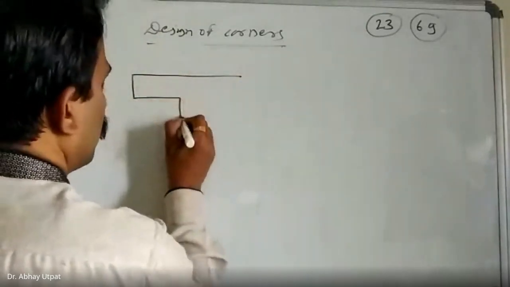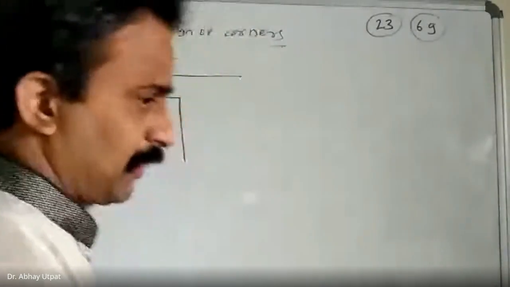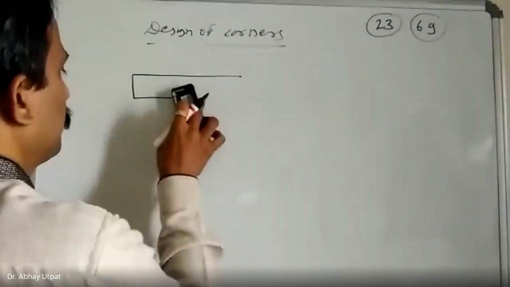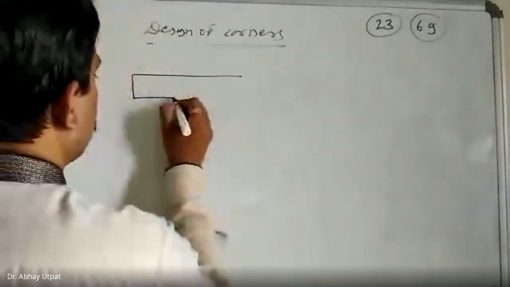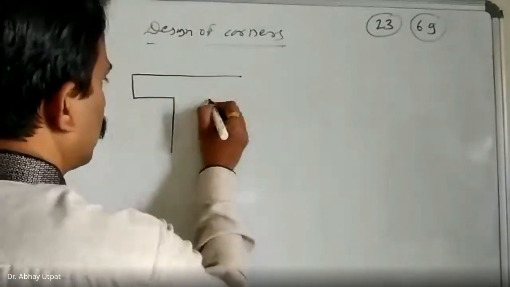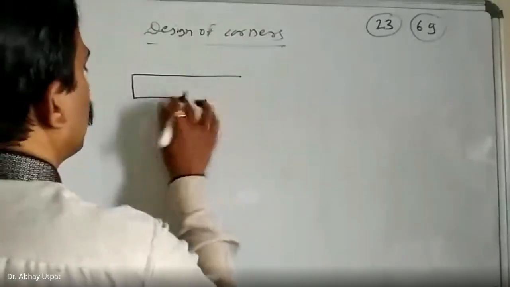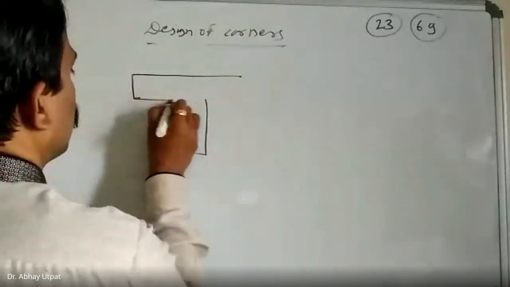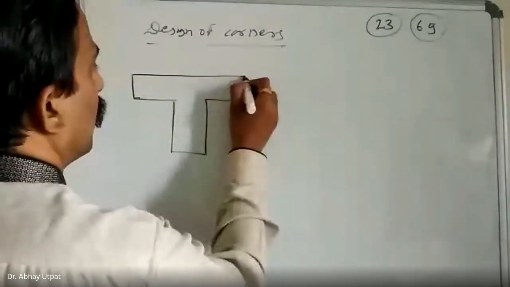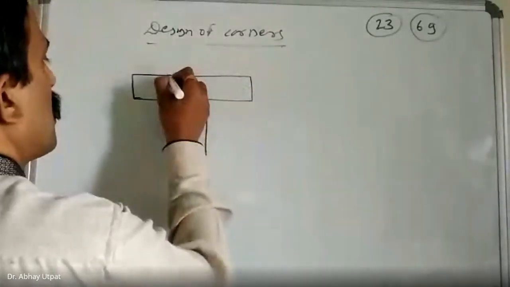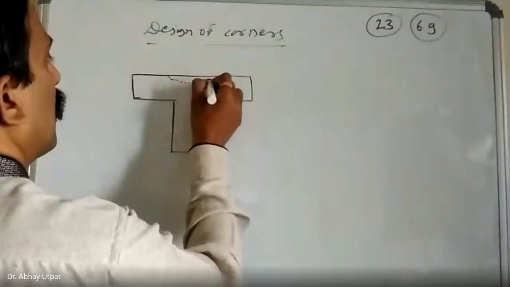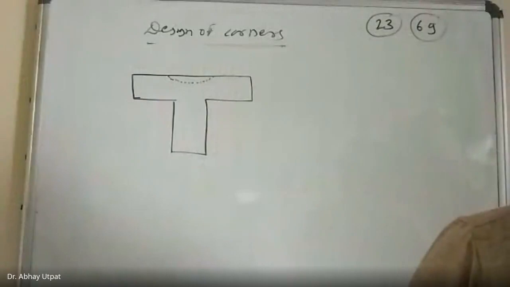If you will not follow the pattern of 60% to 80% thickness of rib, in this way, there is a contraction. Sink marks.